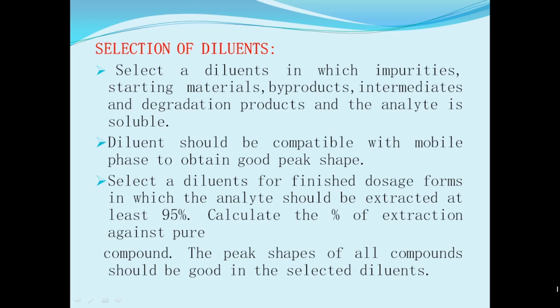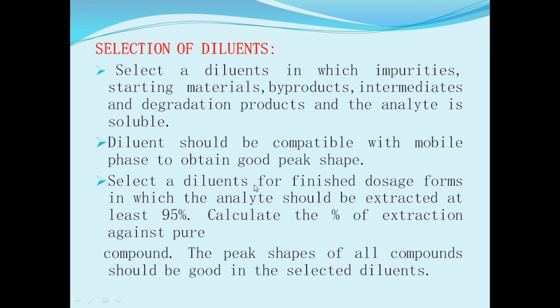Selection of diluent: select diluents in which impurities, starting material, byproducts, intermediates, degradation products and the analyte are soluble. Diluent should be compatible with the mobile phase to obtain good peak shape.